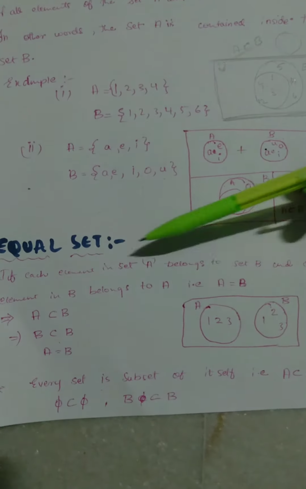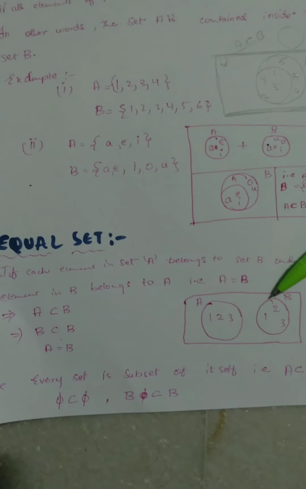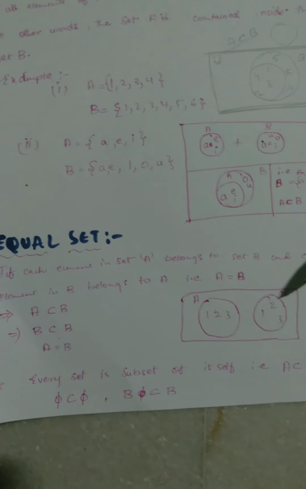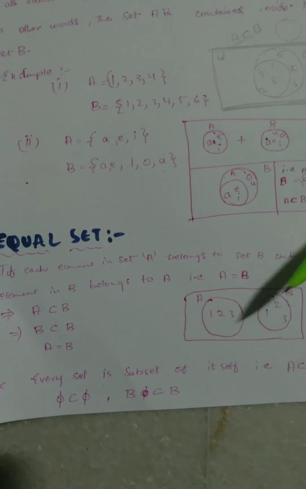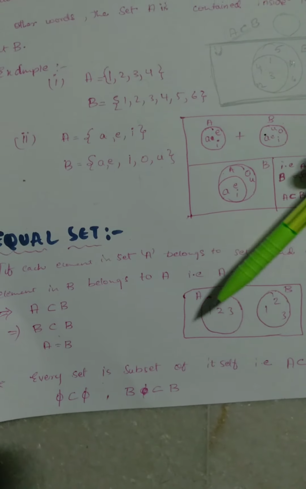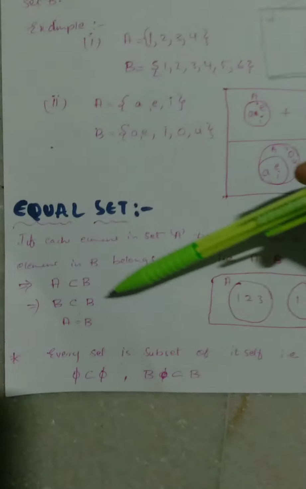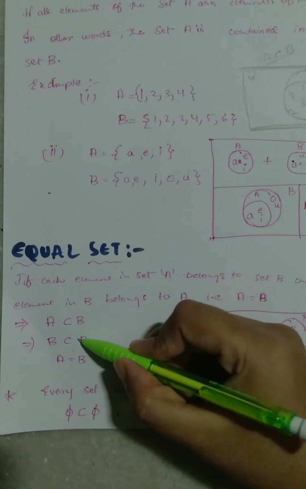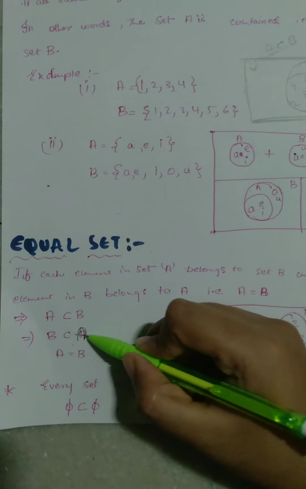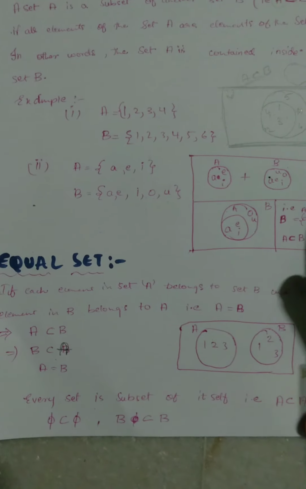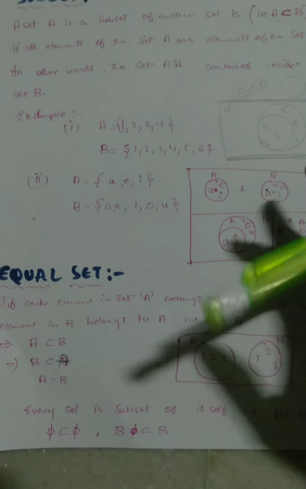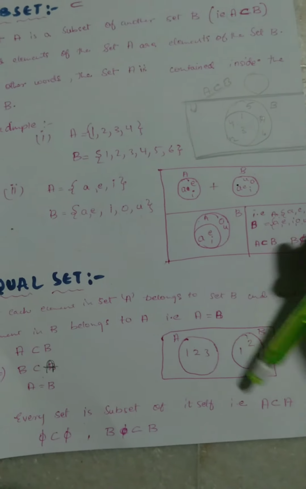If A is a subset of B, and B is also a subset of A, then A is equal to B. There is another important point here: every set is a subset of itself.